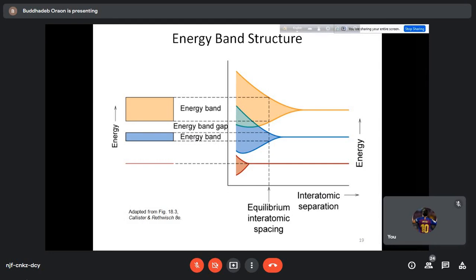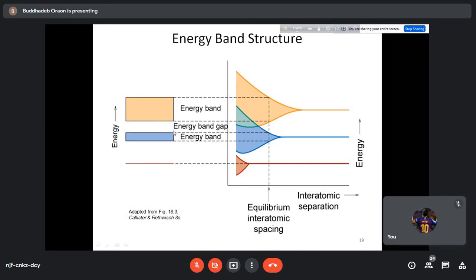Here is another diagram which gives a slightly better idea about the energy band. From this diagram we can see the energy bands like this. Some bands are conduction bands, some are valence bands, and in between you have the band gap.